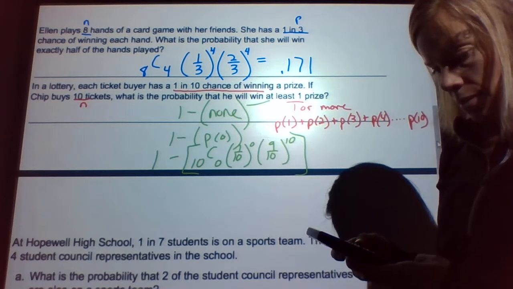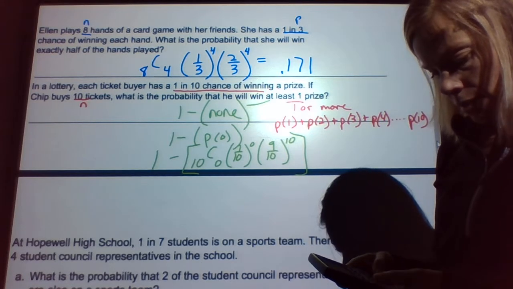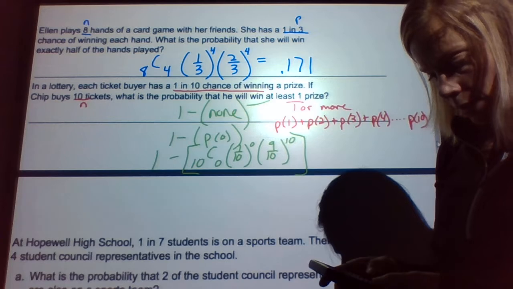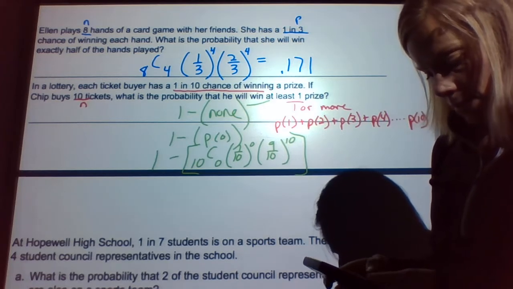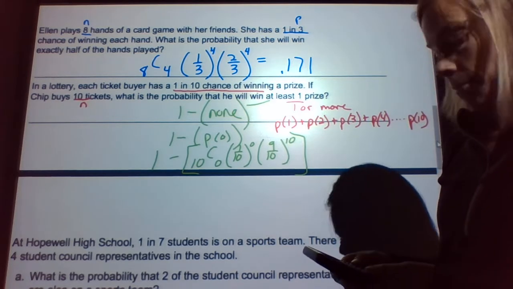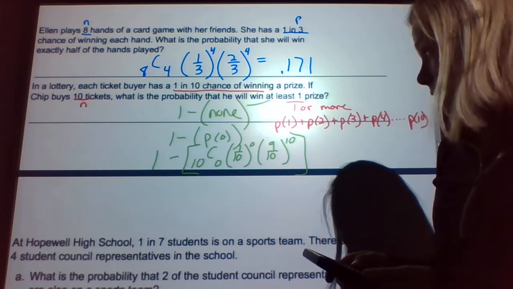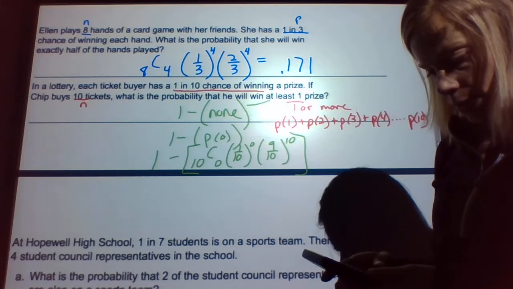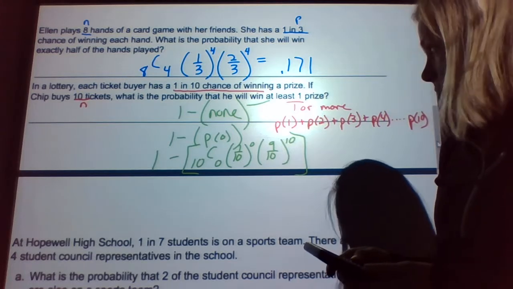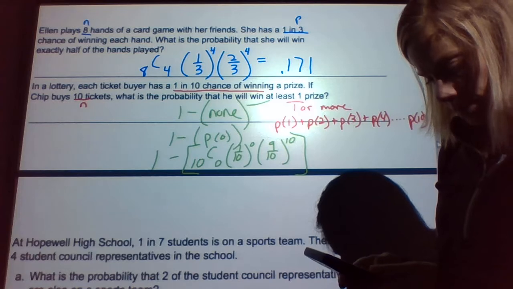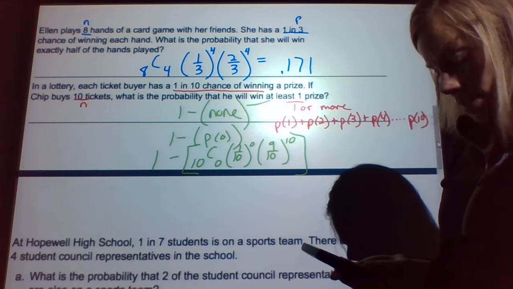10C0, 1/10 to the 0, anything to 0 power is 1, and 9/10 to the 10th.